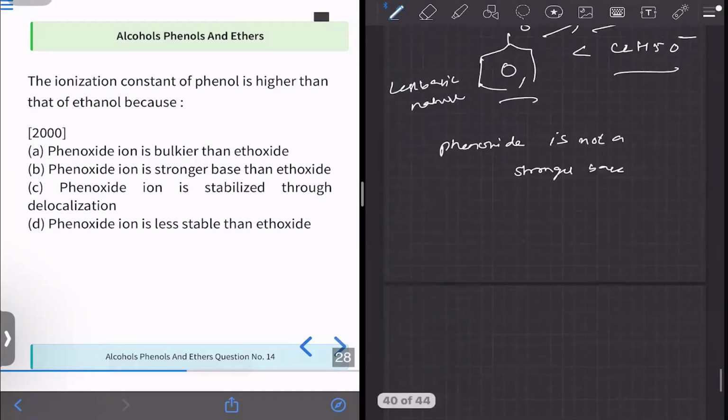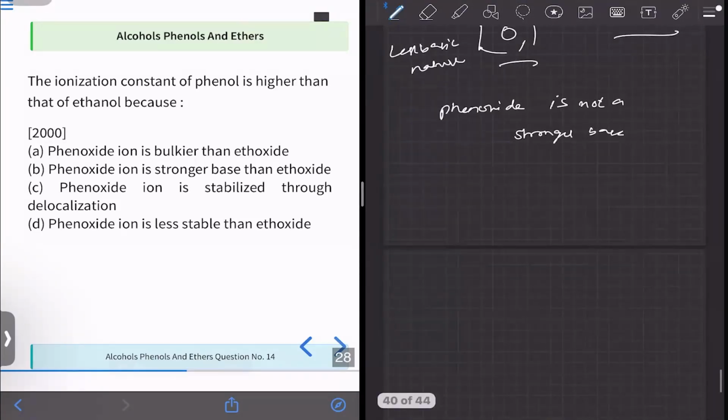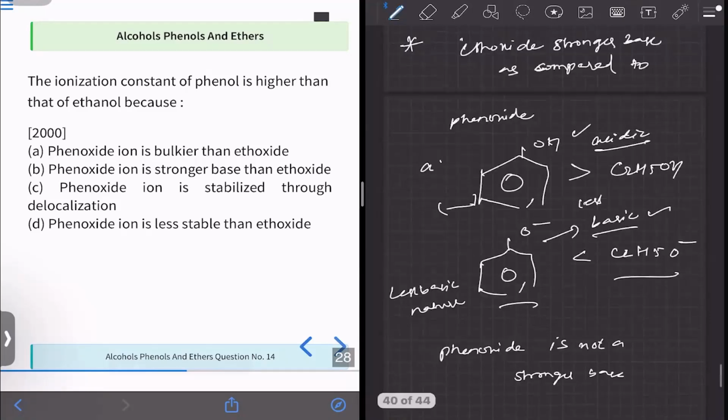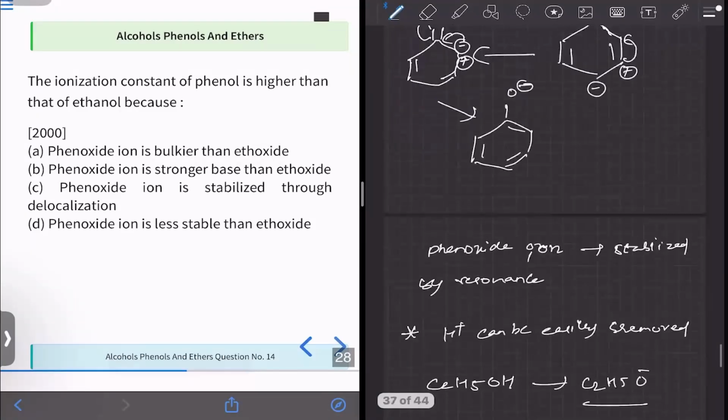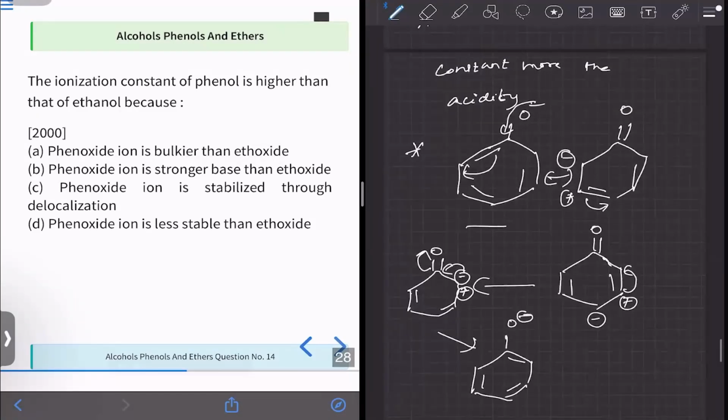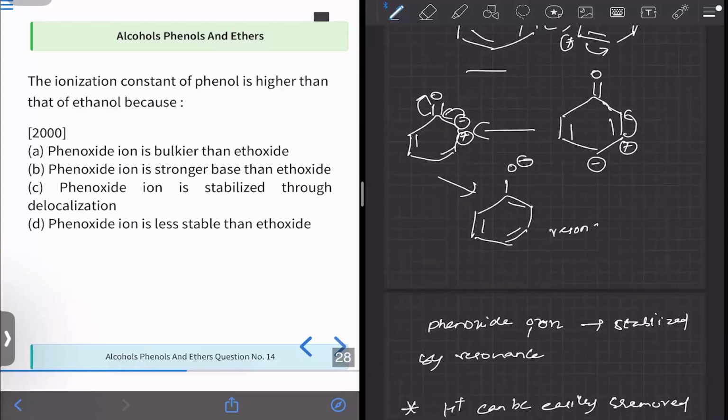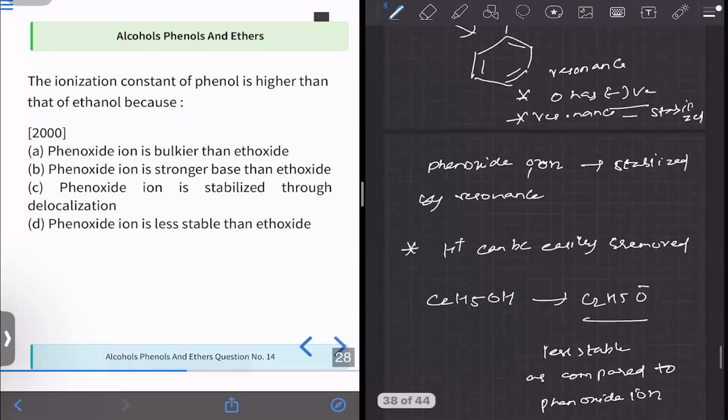Next, phenoxide ion is stabilized through delocalization. We all know that phenoxide ion undergoes resonance. Why resonance? Because oxygen has negative charge, so it undergoes resonance. So it is stabilized. So option C is correct. Phenoxide ion is less stable?